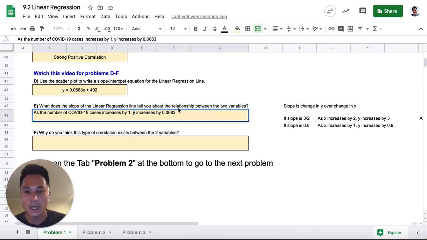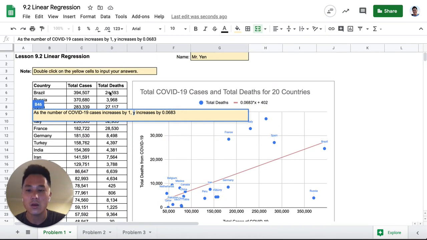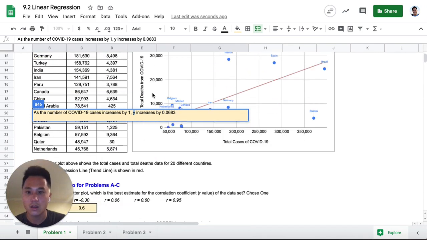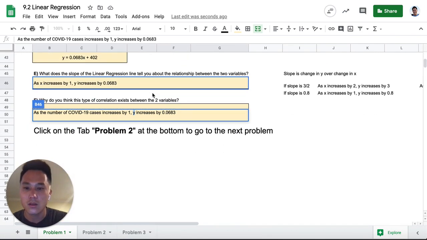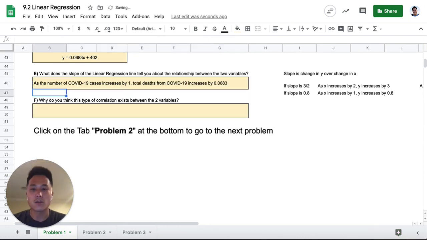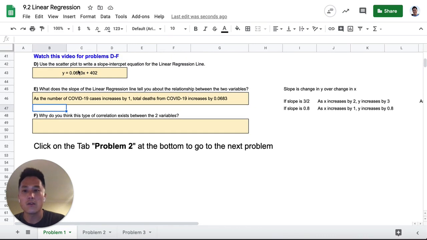Well, what is y? Let's be more specific. Y is total deaths from COVID-19. So I can say, instead of y, total deaths from COVID-19 increases by that amount. Okay, so that's what I can tell from the slope of our linear regression line.